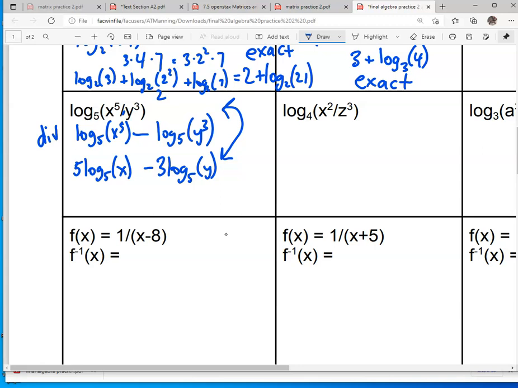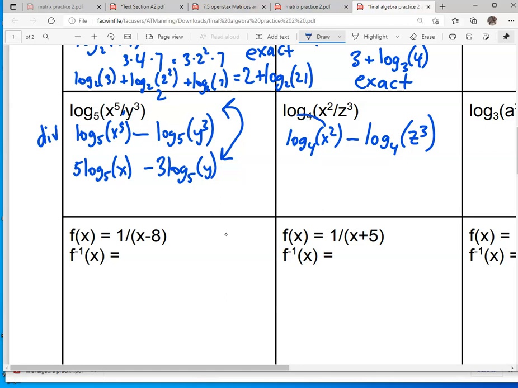Let's do another practice. Again, do the division first. The divide rule is log base 4 of x squared minus log base 4 of z cubed. The division rule: any two numbers divided, the logarithm becomes a subtraction, the bottom one from the top one. Now apply the exponent rule.